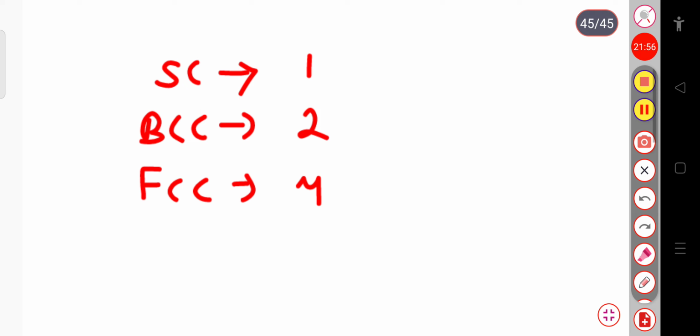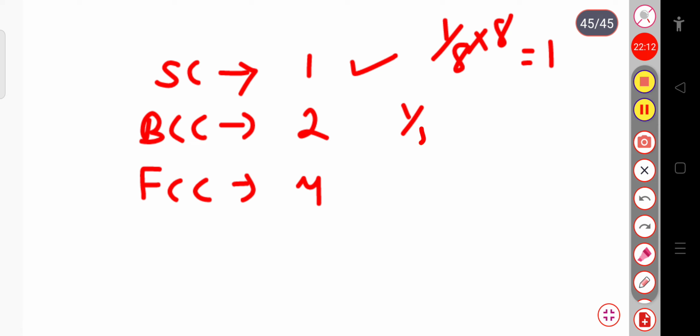For the simple cubic structure, only the corner atoms count: 1 by 8 into 8 corner atoms, that will be 1. For the body centered cubic, for the corner atoms this will be 1 by 8 into 8, that is 1, plus the body centered atom, which is not shared with anyone, so plus 1. So 1 plus 1 will be equal to 2.